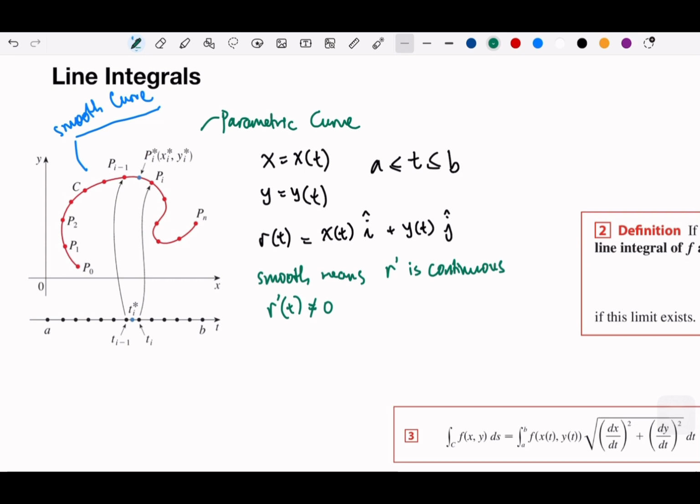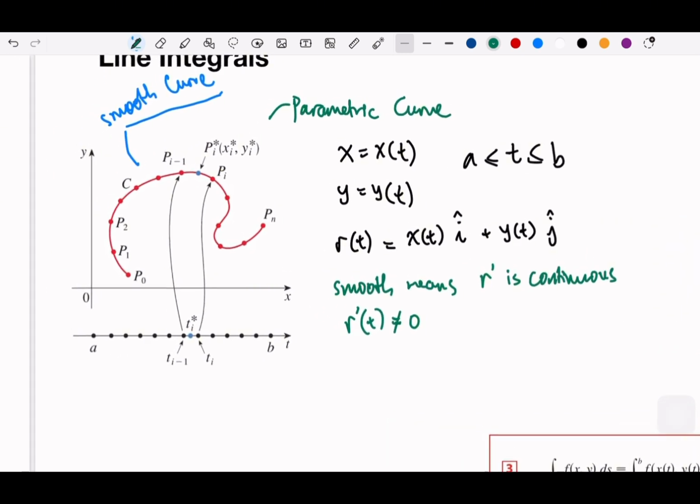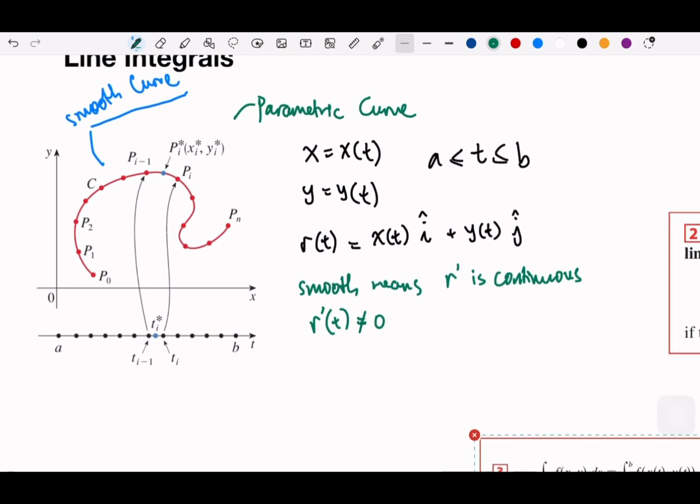And then if we look at the parameter from a to b, we could divide the parameter into some small subintervals in between a and b, and then take ti as a sample point.